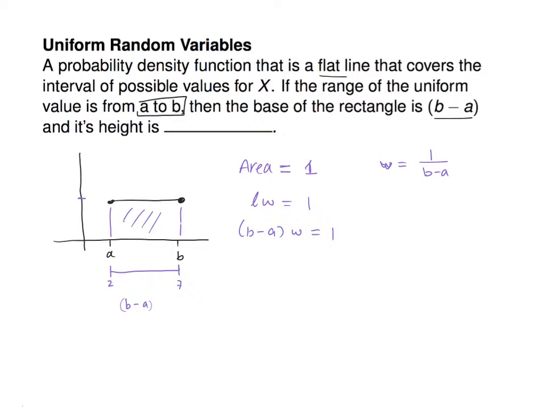So the height of this curve is 1 over B minus A. So in the example of my 2 and 7, the base is 5, what's the height got to be? This needs to be 1/5, because 5 times 1/5 gives you 1, right?